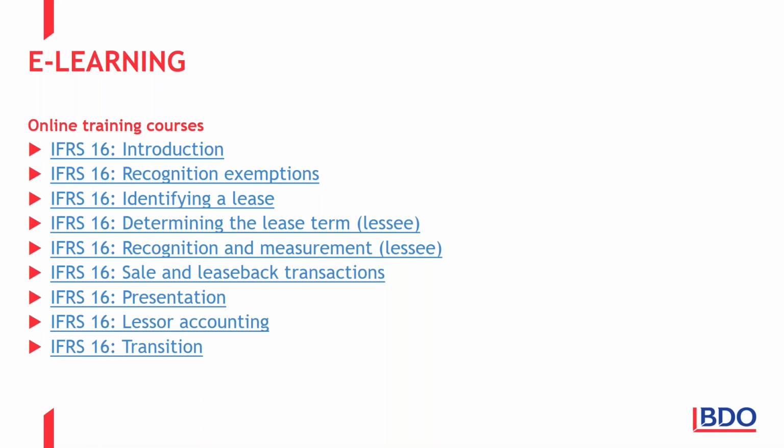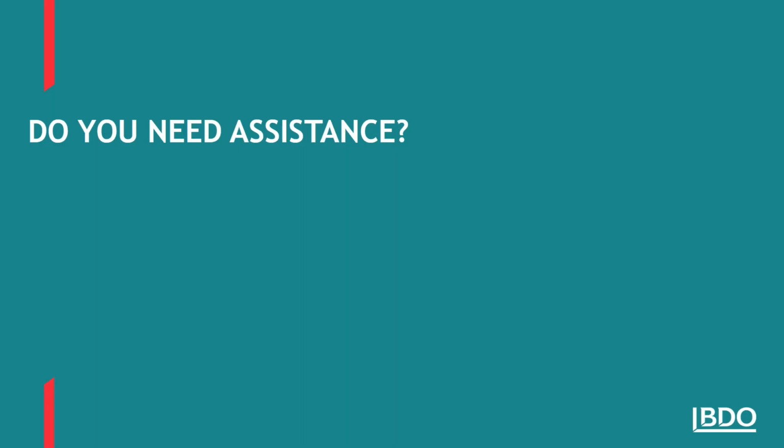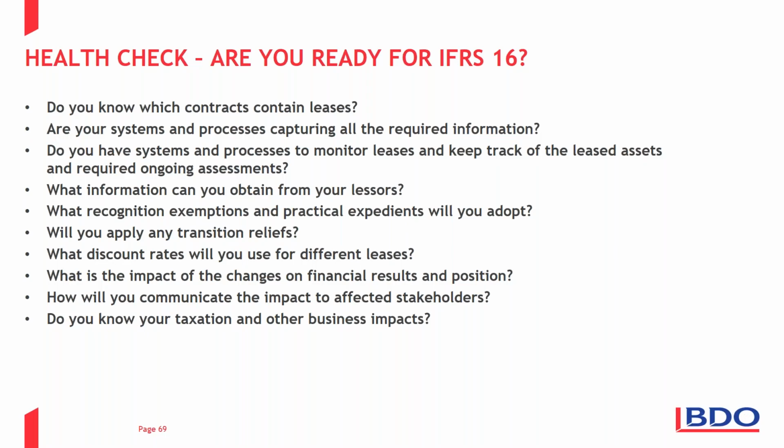If you need assistance, I think it's important to do a little bit of a health check, and it's a good time to do a health check. Do you know which contracts contain leases? Have you identified your embedded leases? Are your systems and processes capturing all the required information? Do you have systems and processes to monitor your leases, keep track of the changes, CPI assessment, market reviews?